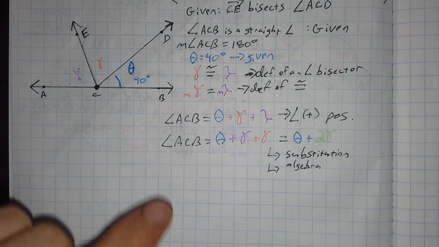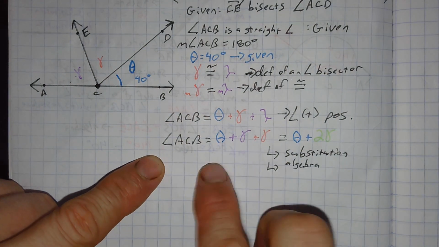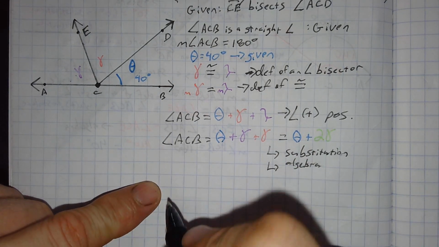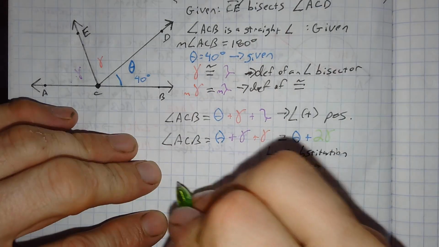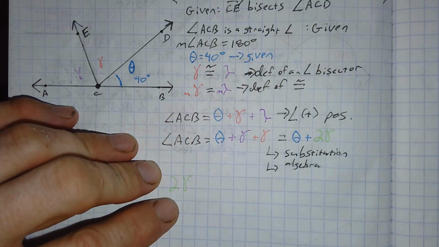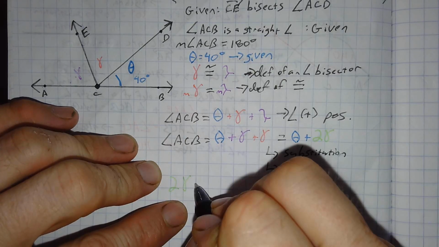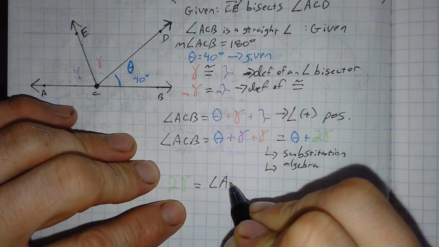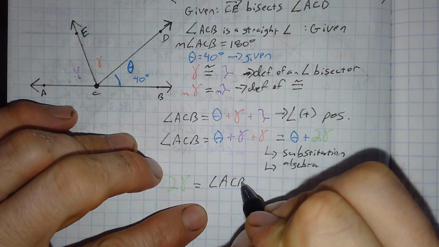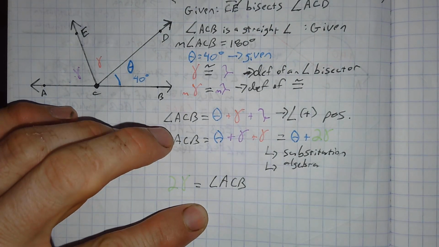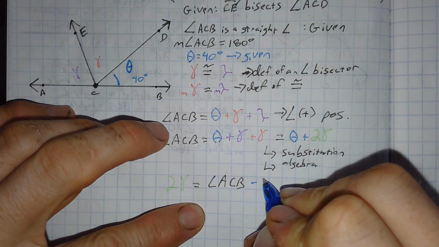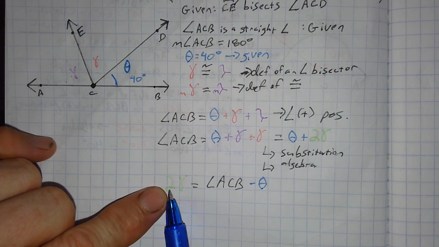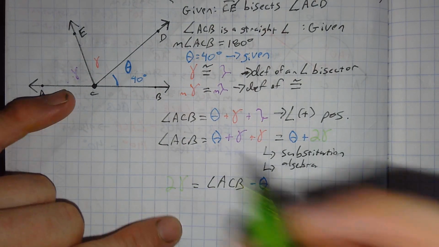Okay, so now let me rearrange this and solve for 1 gamma, right? So I'm going to say that 2 gamma equals the measure of angle ACB minus theta. And since I'm not trying to solve for 2 gammas, I'm trying to solve for 1 gamma, I'm going to do that.